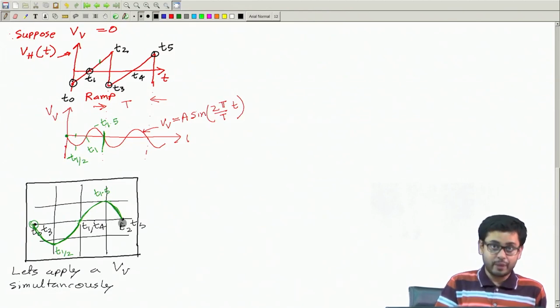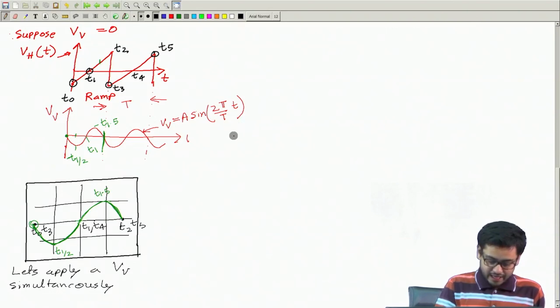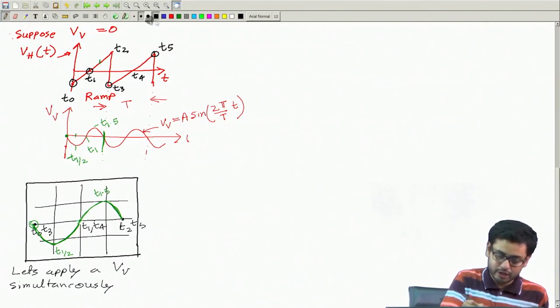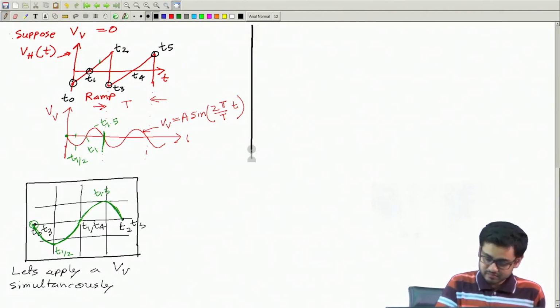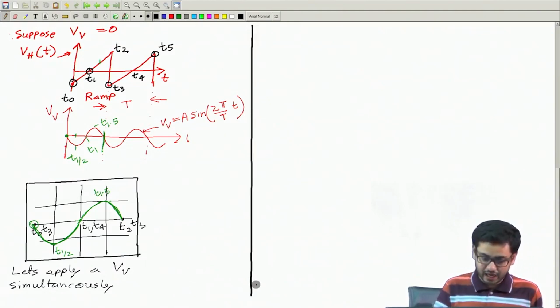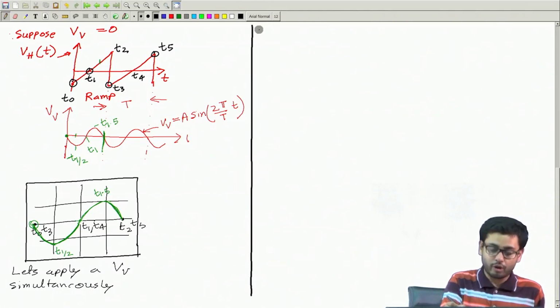And the sine wave appears in front of us. That's how it works.